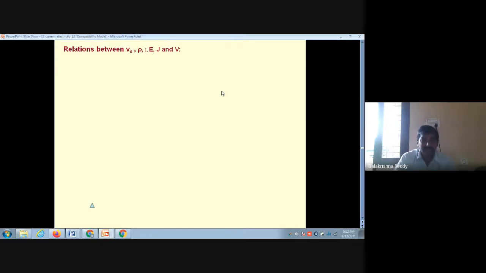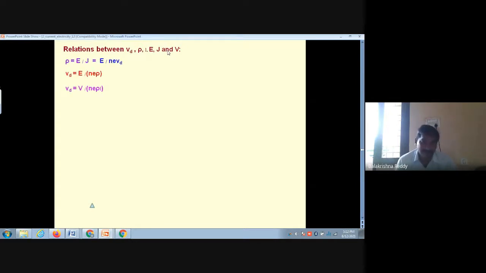These are the relations between v_d, rho, L, E and V. v_d stands for drift velocity, rho is resistivity, L is the length of the conductor, J is the current density, and sorry, here E is the electric field and V is the potential difference which we have applied.